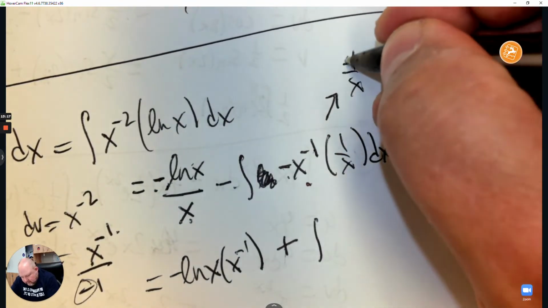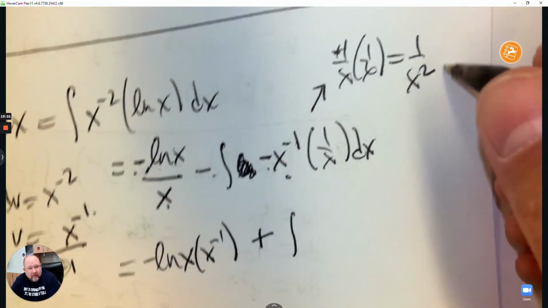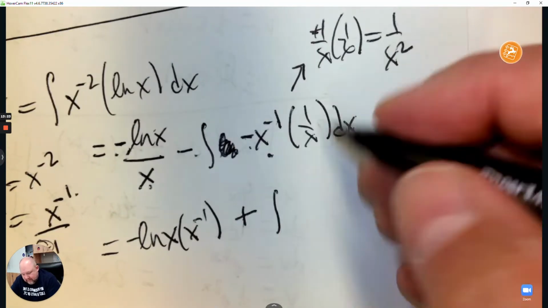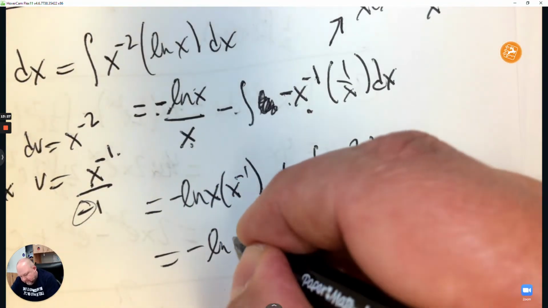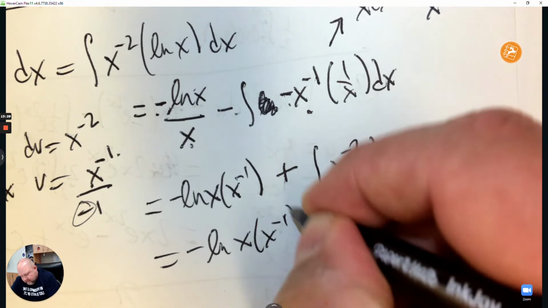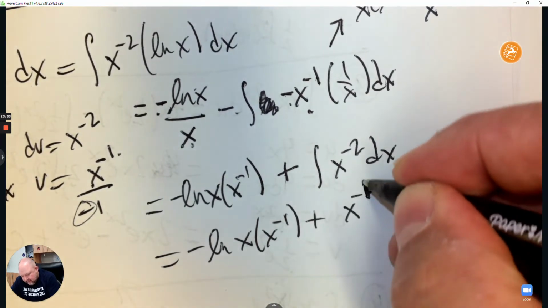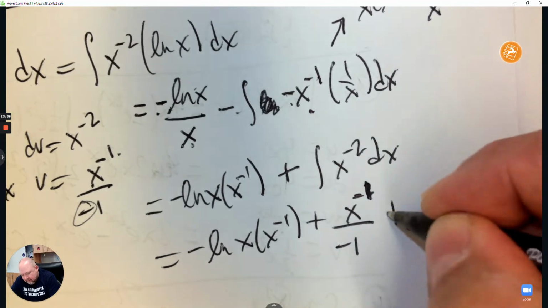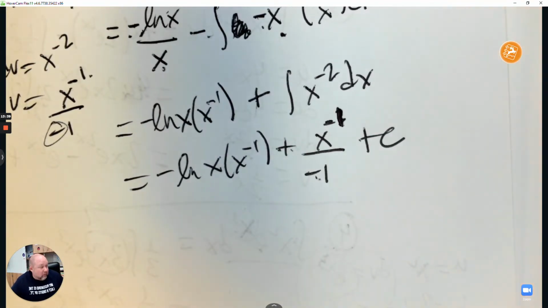So 1 over x is 1 over x squared. So I'm going to write it as x to the negative 2. And then I'm going to add 1 to the exponent. Oops, that's negative 1. And divide plus c. And yes, the positive negative would make that negative, or 1 over x. And that's it. You did it.